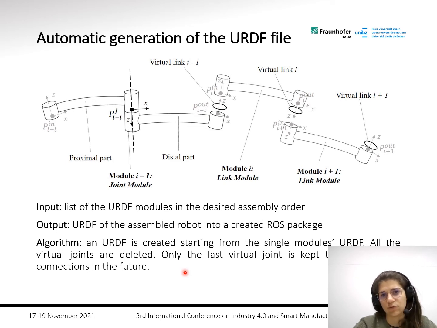And to do it, it deletes all the virtual links that are present within the kinematic chain, and the only virtual link that is kept is the last one, in order to store the information about the last output connector that we have, and also to make possible a further connection, for example in the future with an end effector or with a next module.